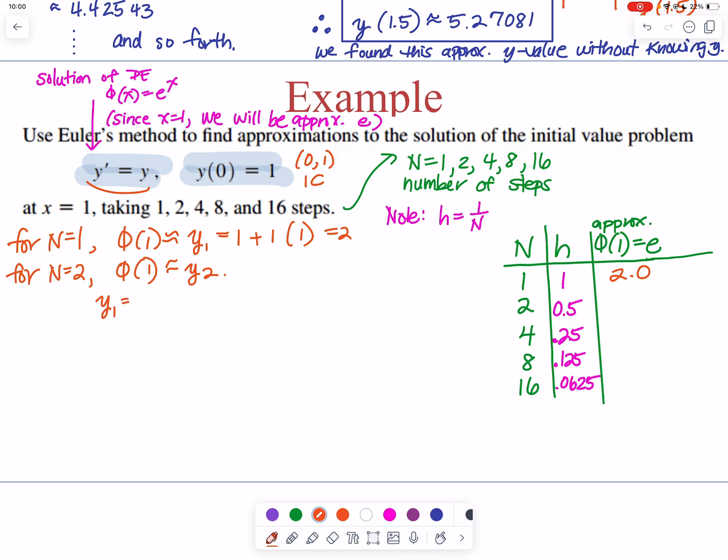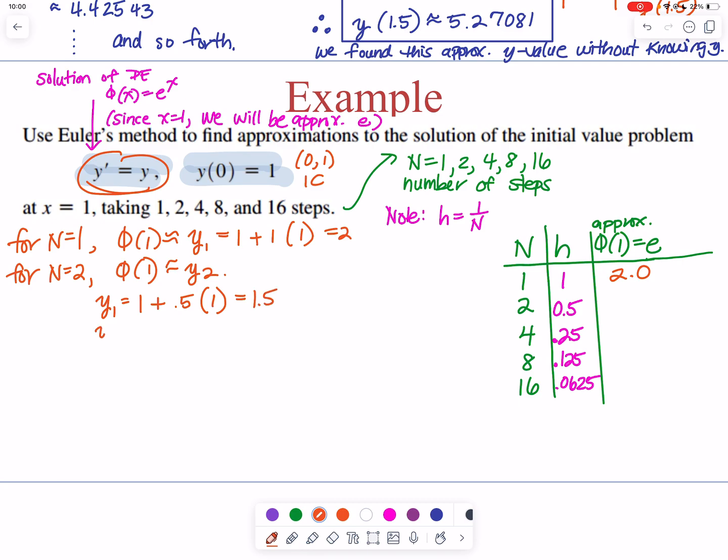So y1 is going to be equal to our initial y value, which is 1, plus our step size, which is 1/2, 0.5, multiplied by the derivative evaluated there, which is equal to 1. So that's equal to 1.5.